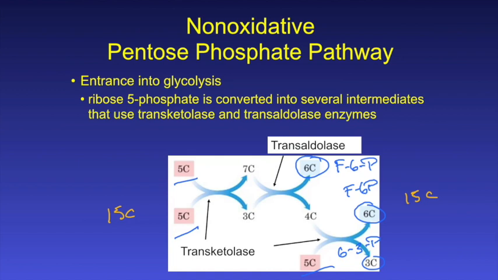How many carbons are transferred when transketolase does its reaction? 2. Okay? I will take 2 from this one and add it to here. I get 7 and 3. Start with 4 and I start with 5. I will take 2 from this one and put it onto that one and get 6, and that will be left as 3. How many carbons are transferred when I use transaldolase?